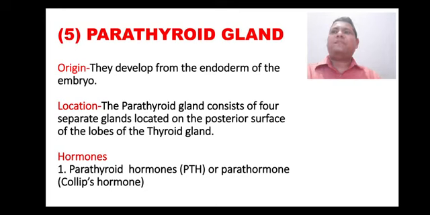The chief cells of the parathyroid secrete a hormone called parathyroid hormone, PTH, or Collip's hormone, after the name of its discoverer. The main function of the parathyroid hormone is to regulate calcium and phosphate balance between the blood and other tissues, and PTH has the opposite effect of calcitonin.